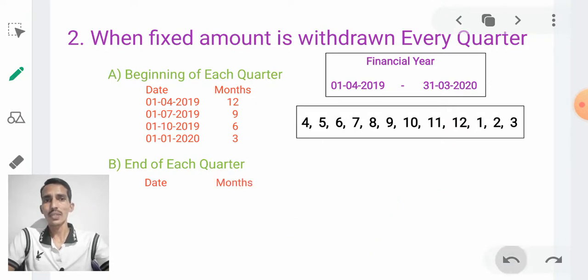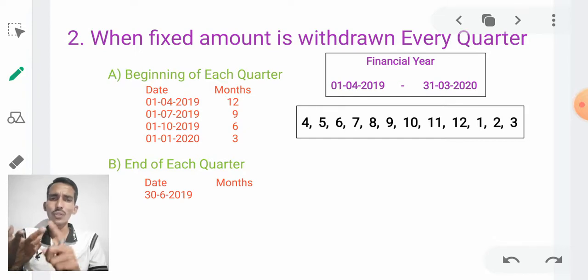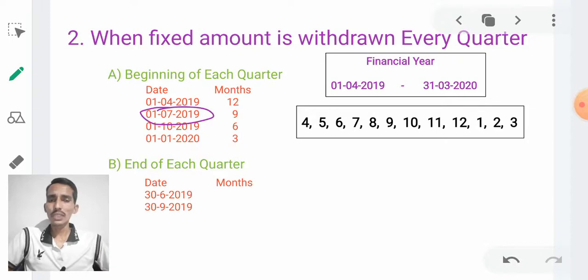Let me show here: 30/6/2019, because the first quarter ends, as in the problem it is given, at the end of each quarter. When will the quarter end? End of each quarter means after 3 months. If it starts on the 4th month, 4th, 5th, 6th, the ending date is 30/6/2019. Next, the second quarter starts on 1/7.